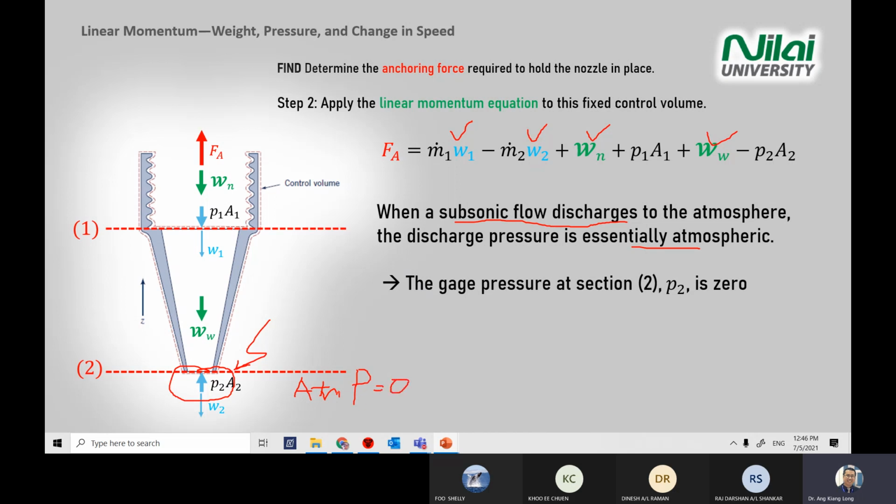We'll use pressure equal to 0. Gauge pressure means if you put a sensor at this point, the sensor will show 0 reading. If you put a gauge here, there's a pressure reading at this point because of the water pressure. Here, atmospheric pressure and the surroundings are the same, so there's no reading at this point.